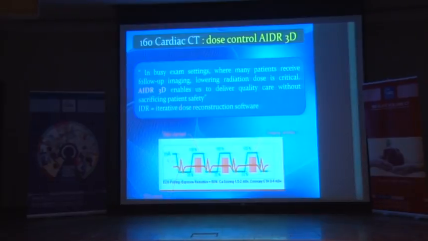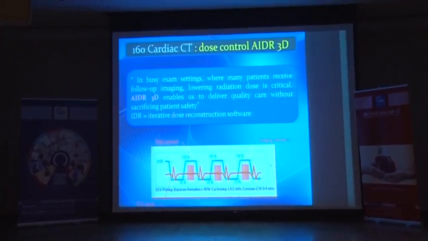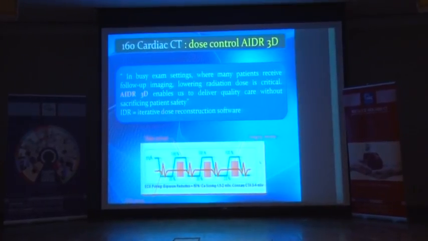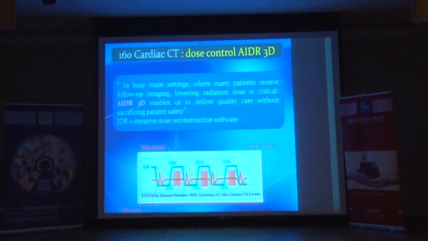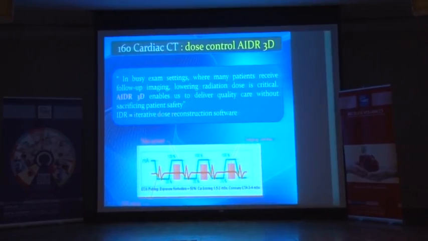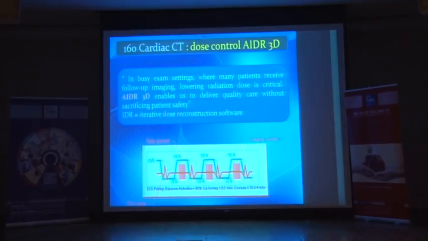So we have multiple techniques to decrease the radiation dose. Most common is the iterative reconstruction and the automatic exposure control. The idea, as we said before, is not to give a continuous amount of radiation during the examination, but to give it only during the end diastolic phase and stop, and give it again during the next end diastolic phase, and so on.